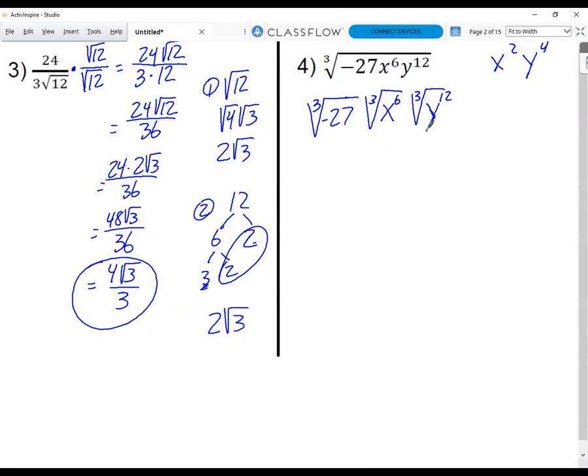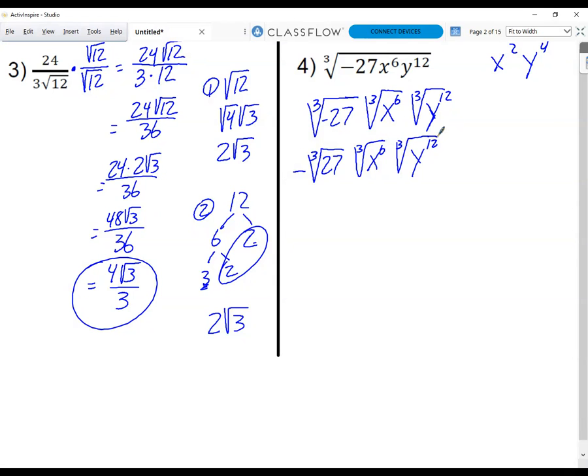Anytime you see a cubed root of a negative number, I always told you to pull the negative out first. Say the negative cubed root of 27, cubed root of x to the 6th. I'm going to do it all in one step. What's the cubed root of 27? Do that in your calculator. Pull it out if you need to. And you can really do this with negative 27 too.